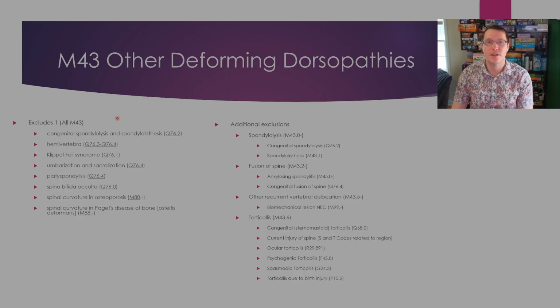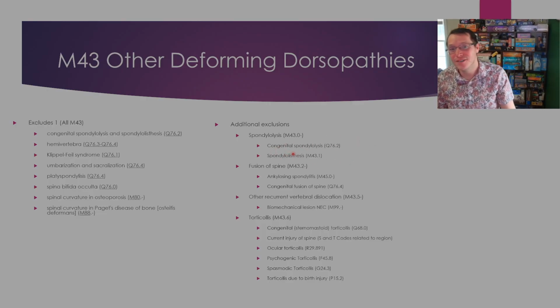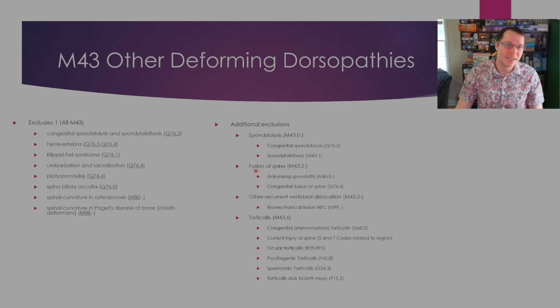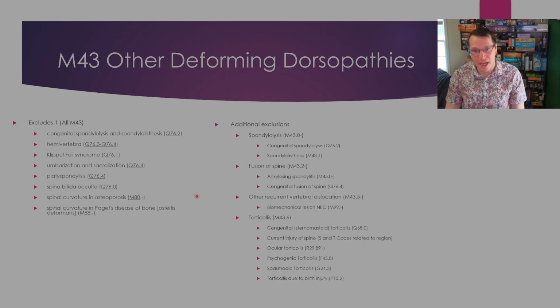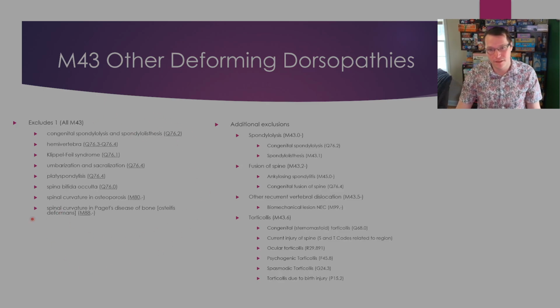And once again, this is going to be like how the hyperlipidemia one works, where a lot of people get mistaken. They're like, oh, spondylosis only has 2 different codes that can't go with it. No, that's actually incorrect, because you have to look back to M43 in its entirety, because it also excludes all of these different codes here.